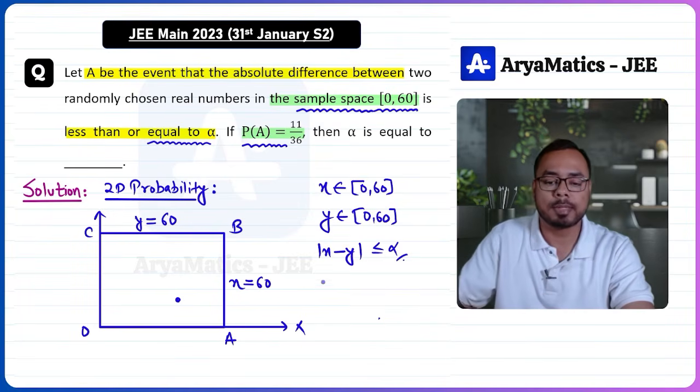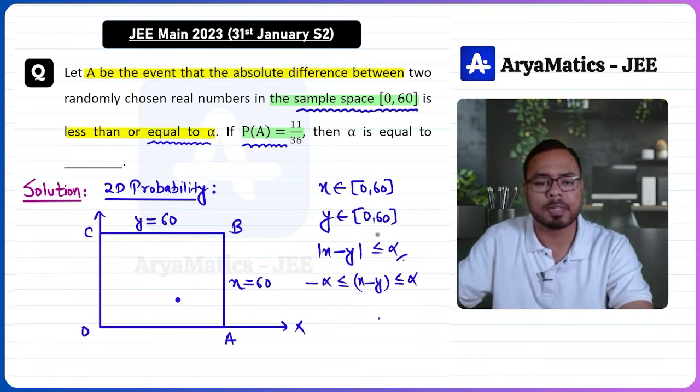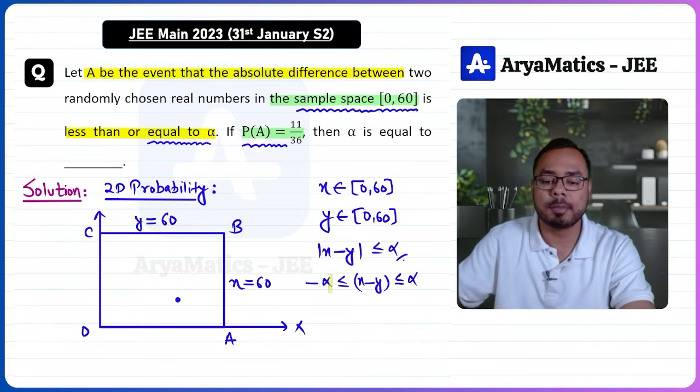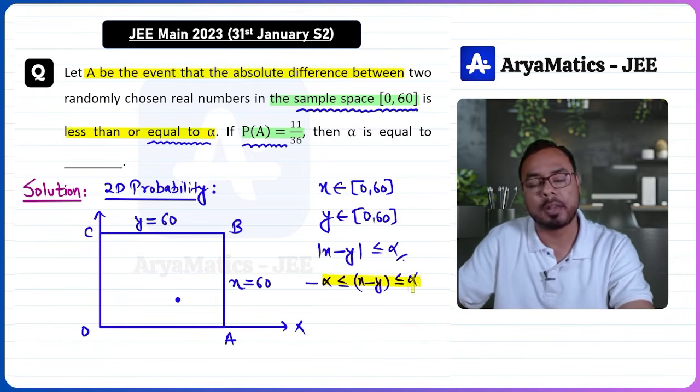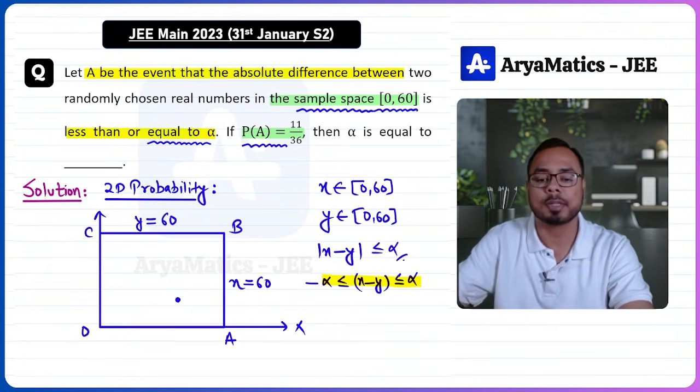Now the favorable region will be that mod x minus y should be less than or equal to alpha. That means x minus y should be between minus alpha and plus alpha. Obviously, alpha will be a positive number, right? So the favorable region will be the region satisfying this inequality, that x minus y is between minus alpha and plus alpha.